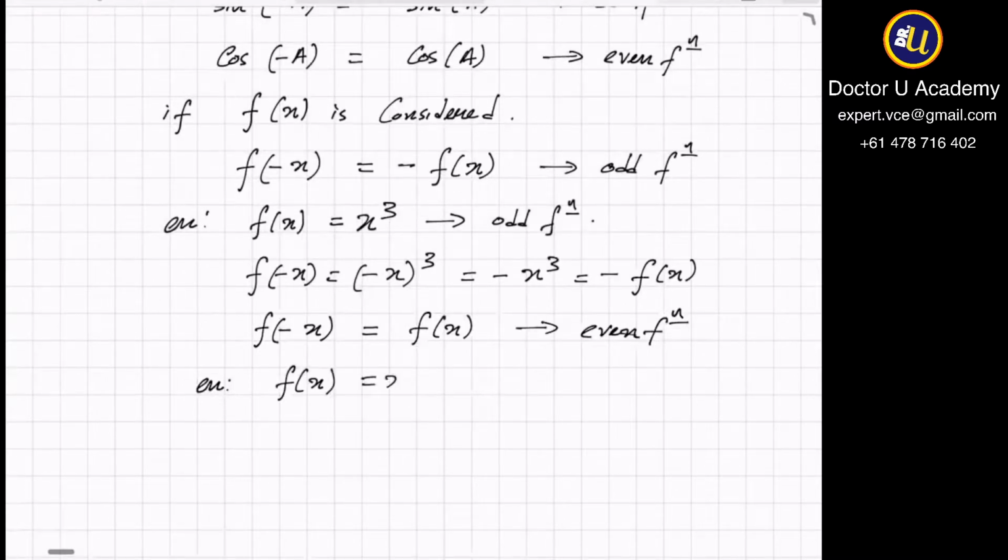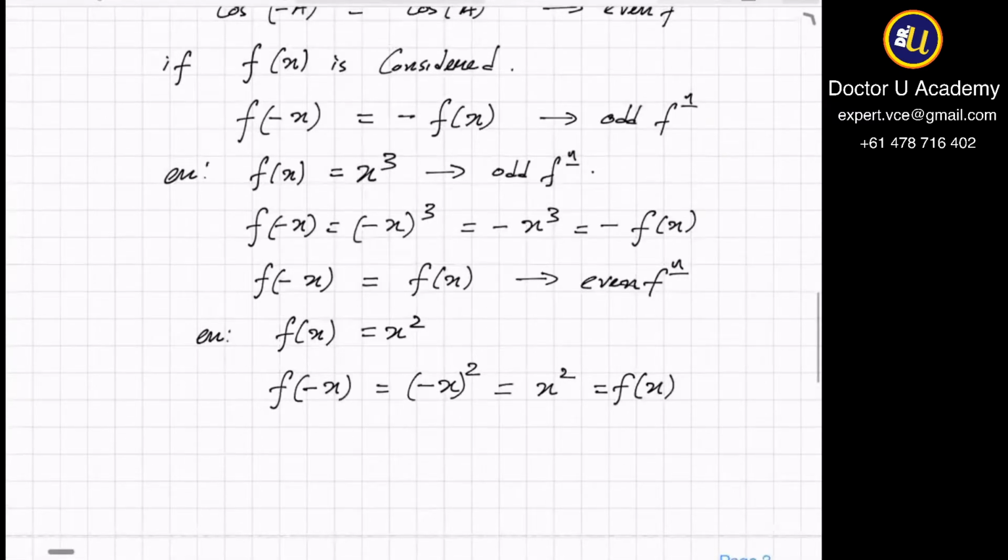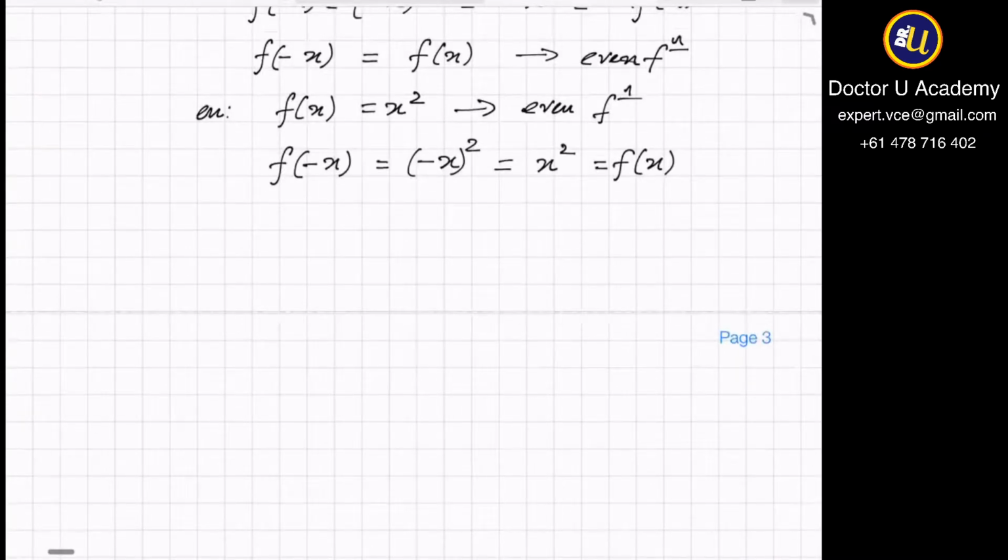So if you introduce minus x, f(minus x) would be minus x squared, so x squared, which is f(x). So that condition holds true, so we can say this is an even function. So now you know what is an odd function and an even function.